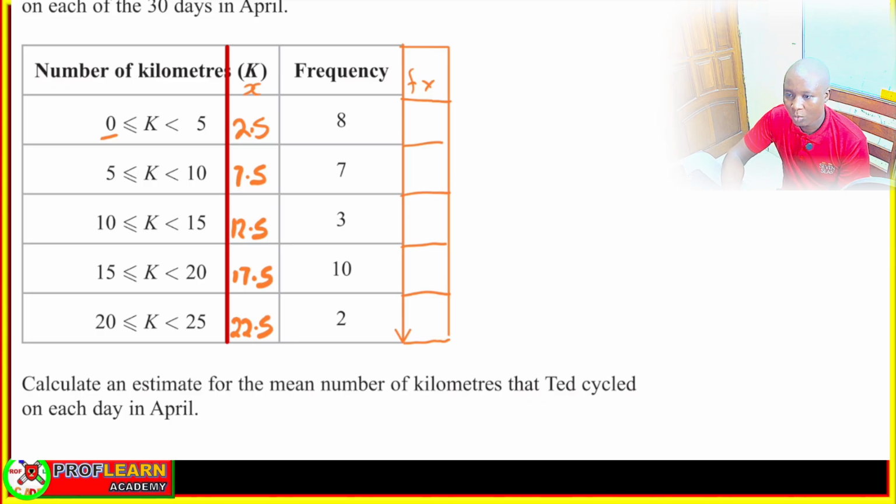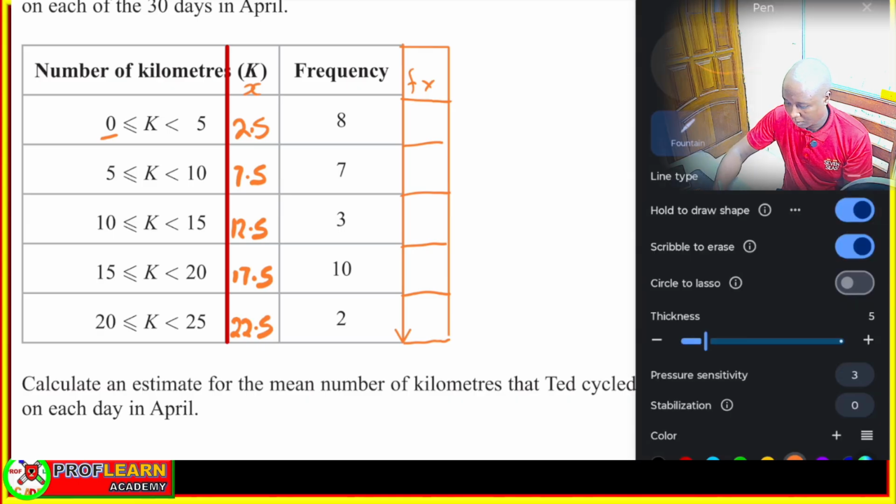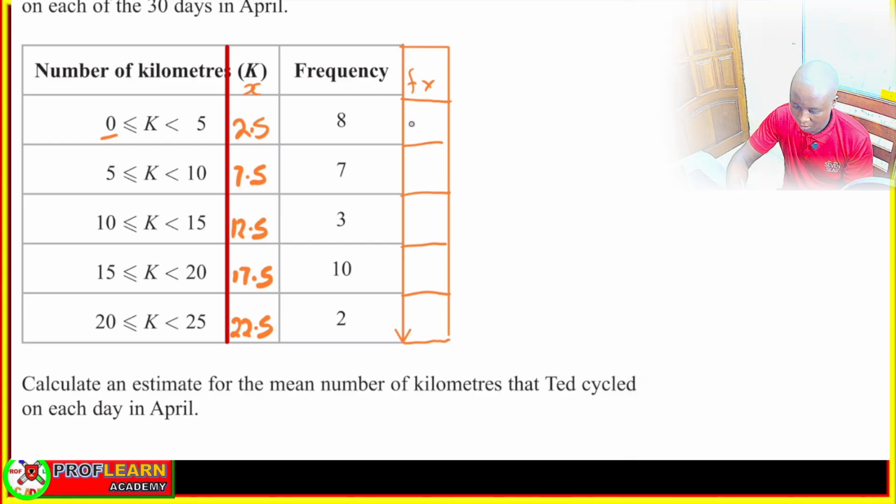So that's going to be 2.5 times 8, which is going to give us 20.